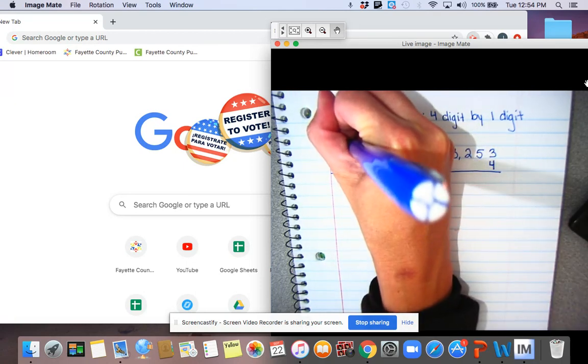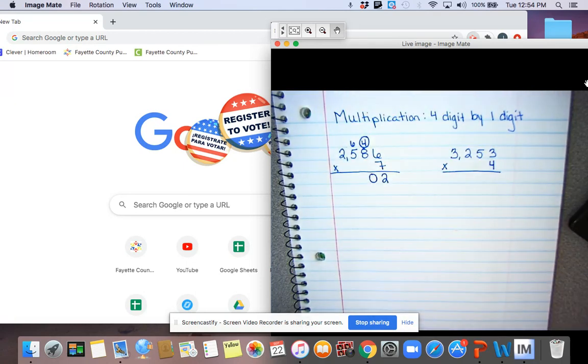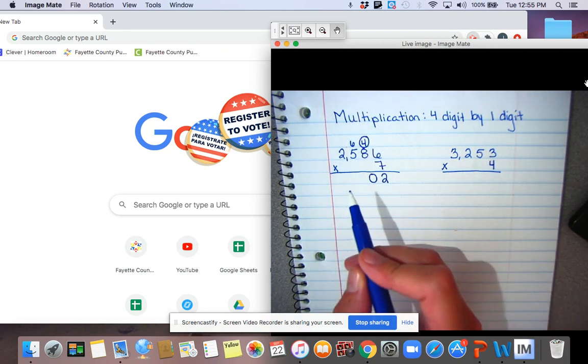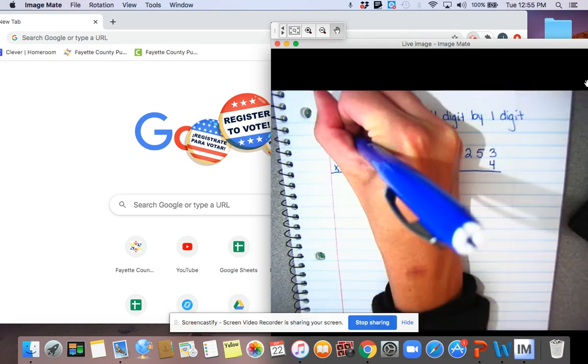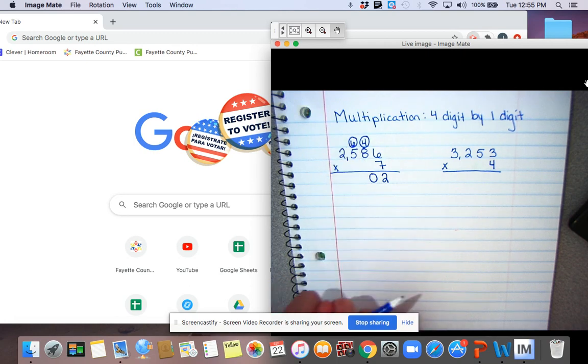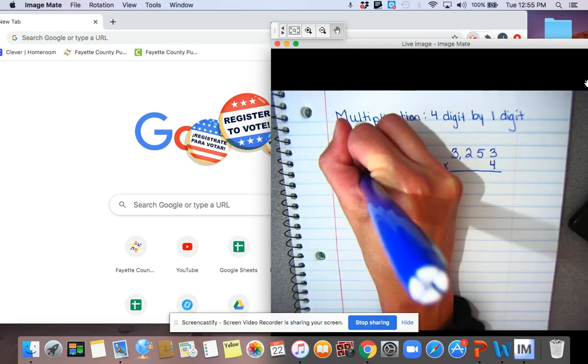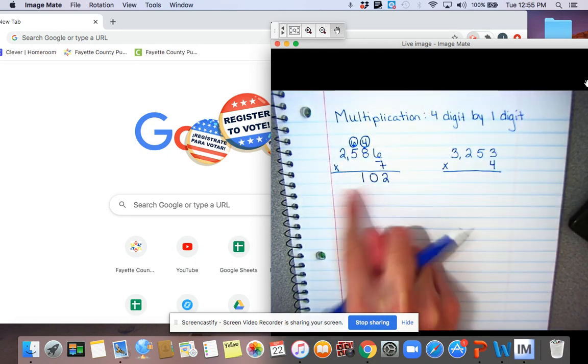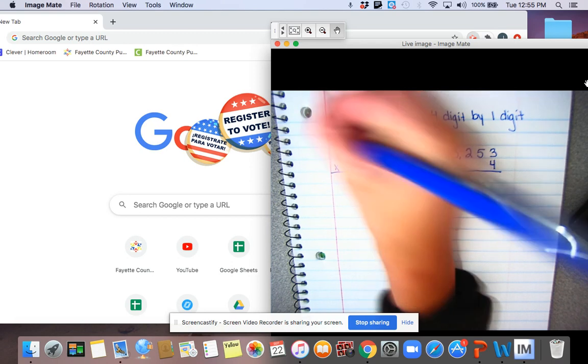And I have to carry my 6. Then I have to ask myself, what is 7 times 5? Well, 7 times 5 is 35, but I still have to add my 6. 35 plus 6 is 41. I'm going to put down my 4 and put down my 1 and carry my 4.